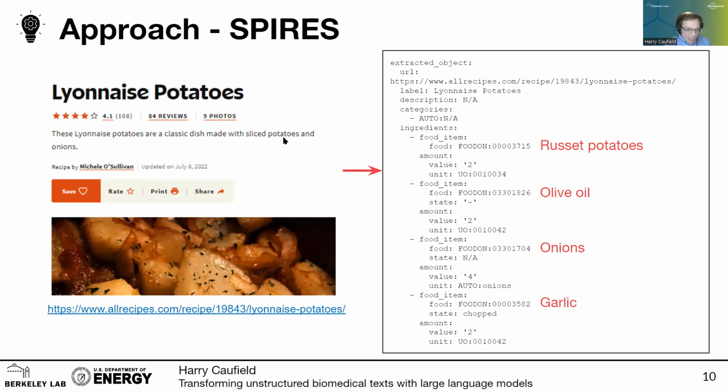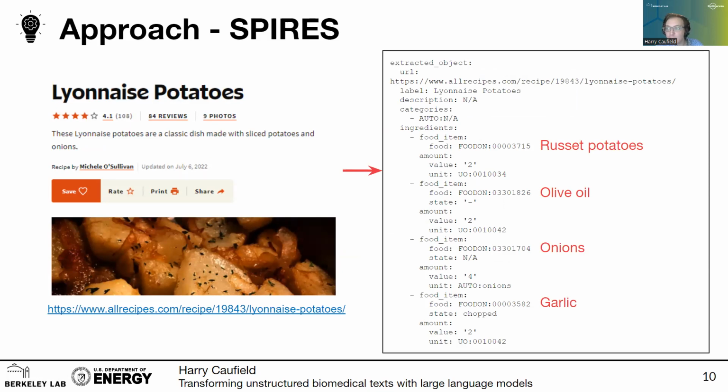So I'm gonna step away from chemicals for a second and talk about recipes, because it turns out that this is a great example for doing information extraction. So if you just go online and find a nice recipe for Lyonnaise potatoes, then you can point OntoGPT with the SPIRES method directly at this, and you get a result very much like what you have on the right here.